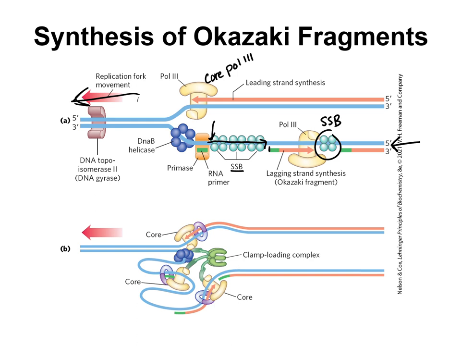We've also got this clamp loading complex, and we haven't talked about that yet. The purple, this is the beta clamp. There's 2 beta subunits that come together and help the core polymerase to hold on to the DNA while it slides along.